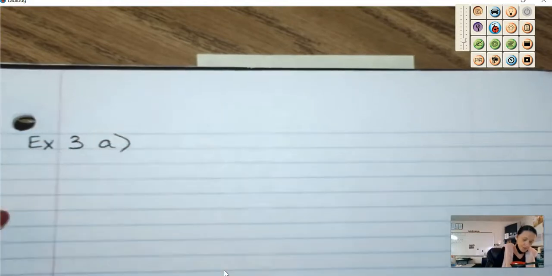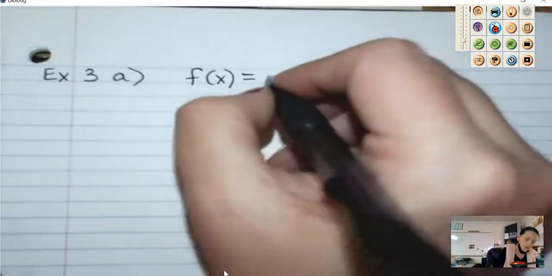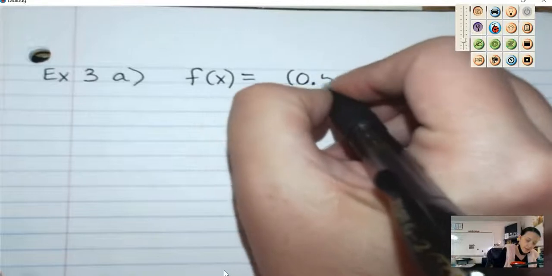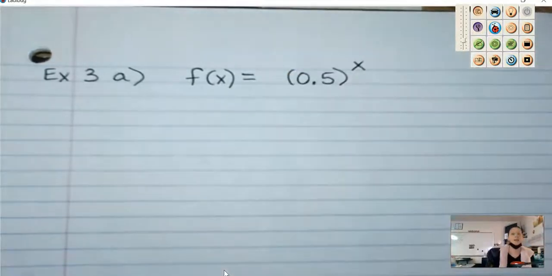Again, it's going to be just the same as what we've been doing. F of x equals parentheses 0.5 to the x power.